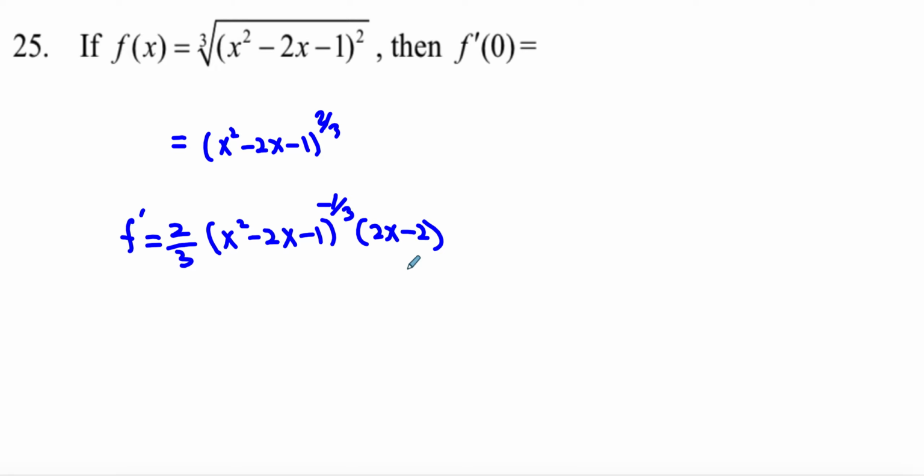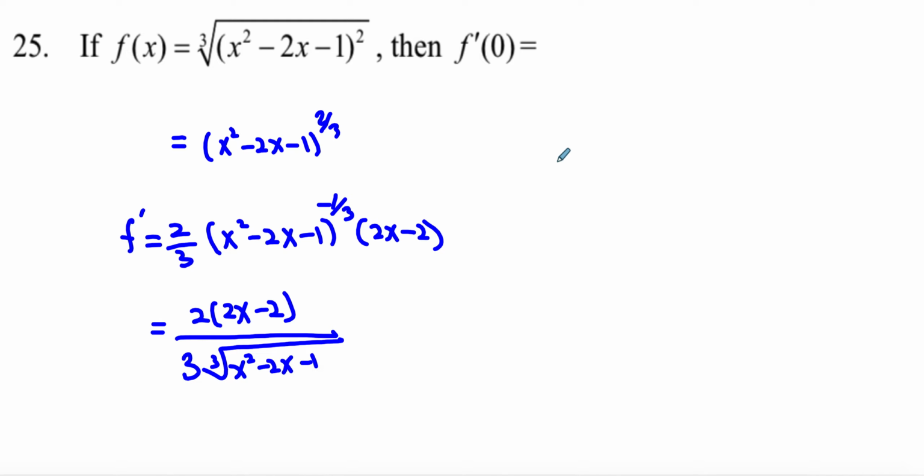So if you clean this one up a little bit, we end up getting 2 times 2x minus 2, because of the negative exponent, we bring this one down, so we get 3 times the cube root of x squared minus 2x minus 1. Since we are plugging in 0, all the terms with x become 0.